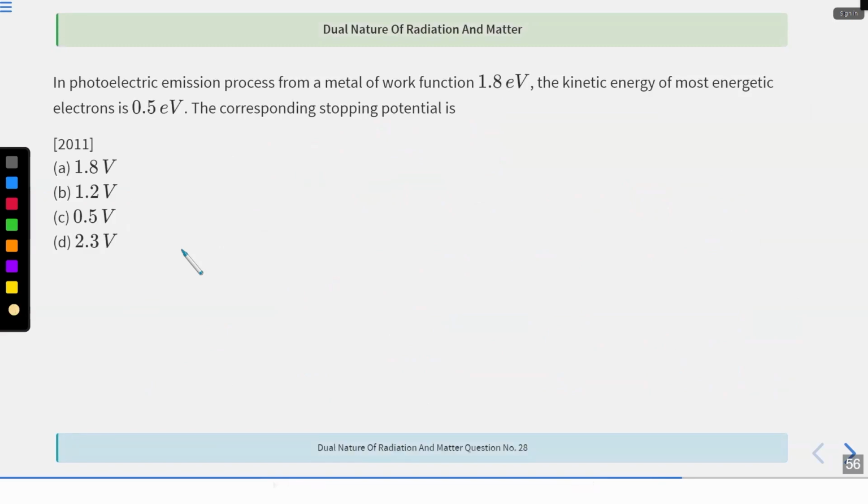In photoelectric emission process, from a metal of work function 1.8 eV, the kinetic energy of most energetic electrons is 0.5 eV. The corresponding stopping potential is? Okay, so we know that the stopping potential is equal to the maximum kinetic energy, right?